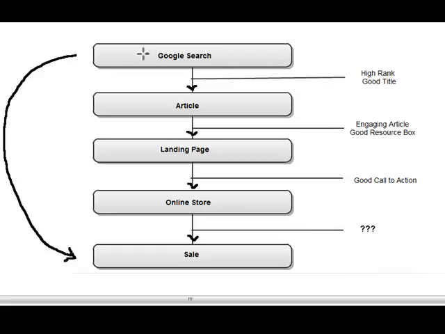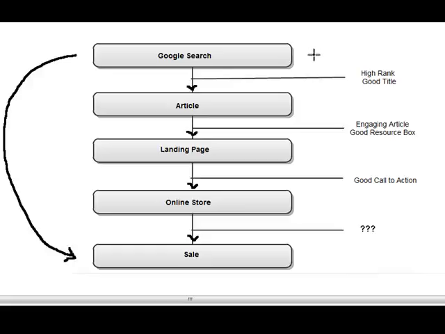Now, if you see that you're not getting sales, or that you're not getting as many sales as you'd like to or that you think you can get, you want to troubleshoot this. You want to see where you can increase the rate of people going from one step to the next. Several things could be happening.